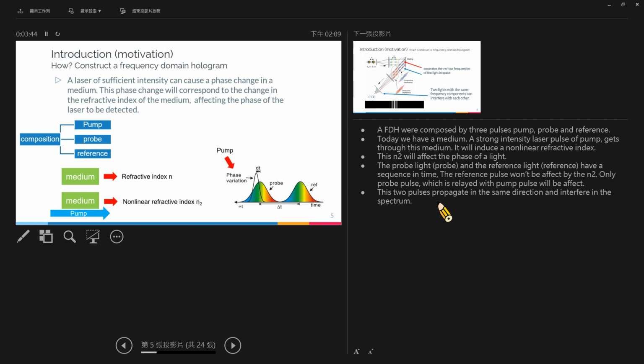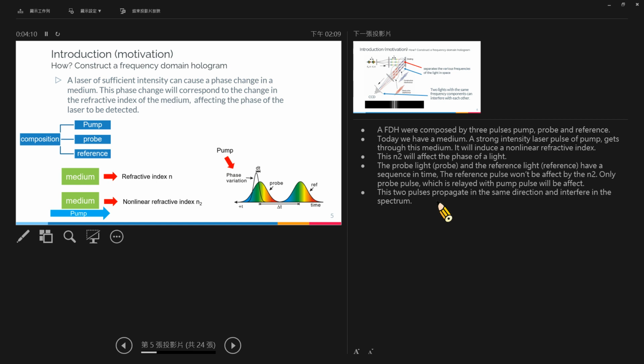There is a time sequence between the reference pulse and the probe pulse. The reference pulse won't be affected by the nonlinear refractive index. It will just be affected by the refractive index of n. Only the probe pulse will be affected because it is related with my pump pulse. The pump pulse will cause n2, so only the probe pulse will be affected.